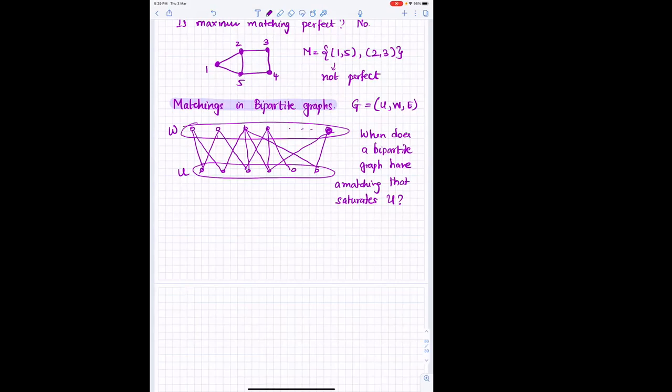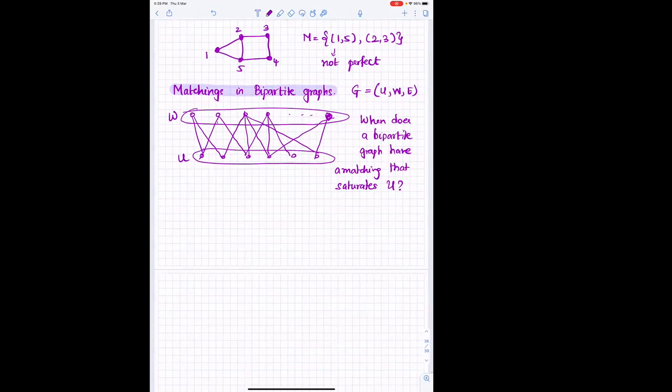Okay. So now, just before going forward, I'm going to introduce one more small definition. It's called the neighborhood of a vertex. It's usually denoted by N of v. If you call this vertex v, then it is exactly what you would think: the neighbors of v, those vertices that are adjacent to it.